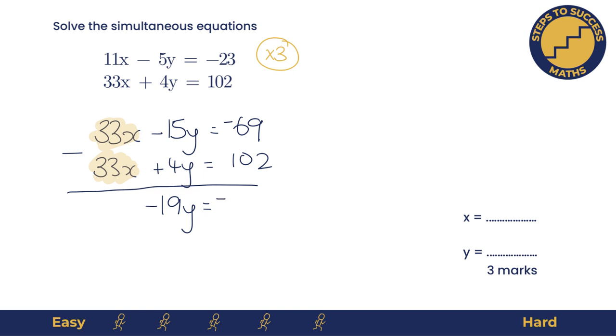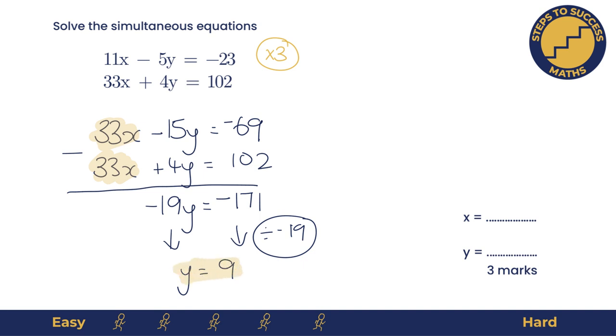So that's negative 171. Now we need to divide by negative 19. So I know that 10 times negative 19 would be negative 190, and it's 19 less, so it must be y equals 9.